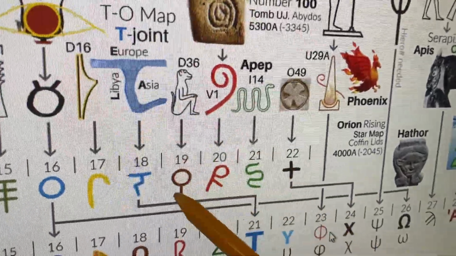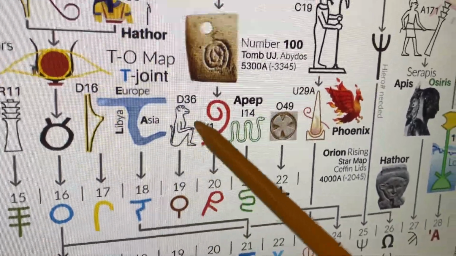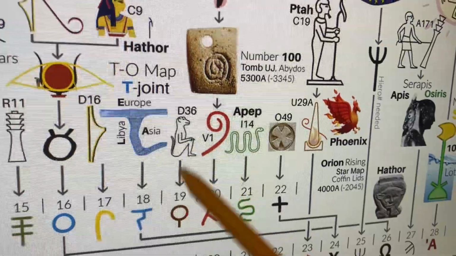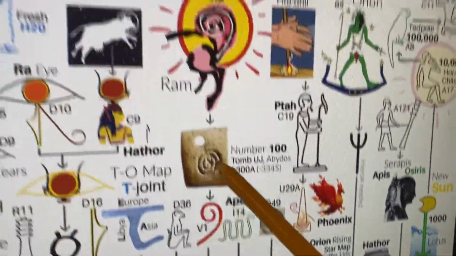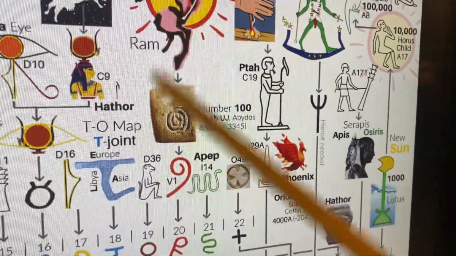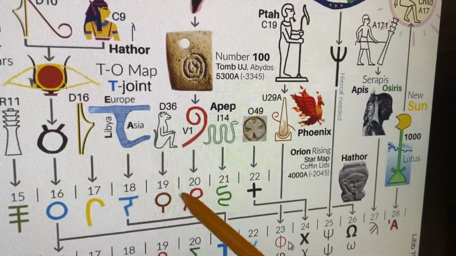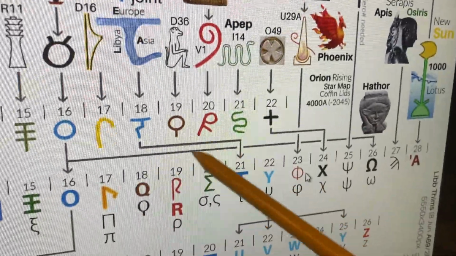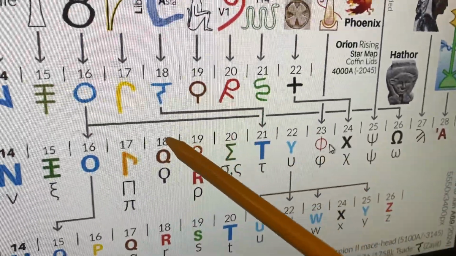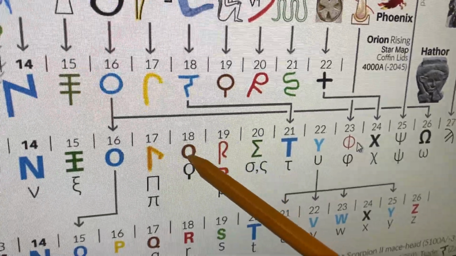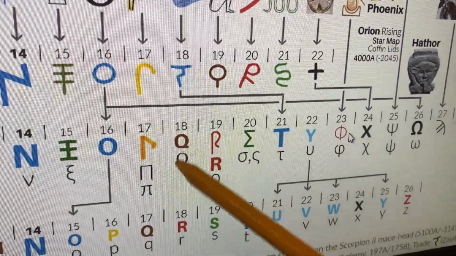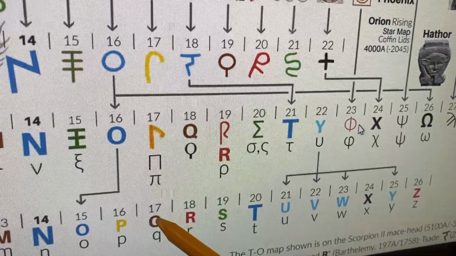So his tail is right here, and that's his body. And he's the one that greets the sun in the morning. That's why Q is next to the sun. PQRS. Q got shifted over to here. Greek Kappa, and then English Q.